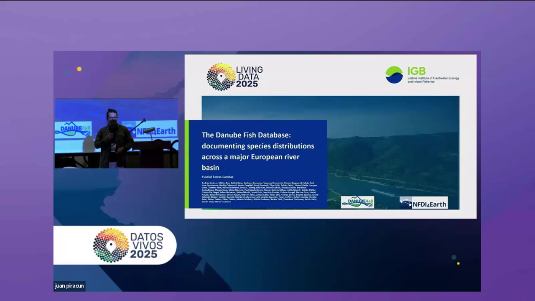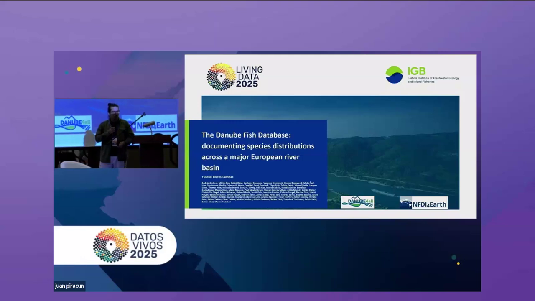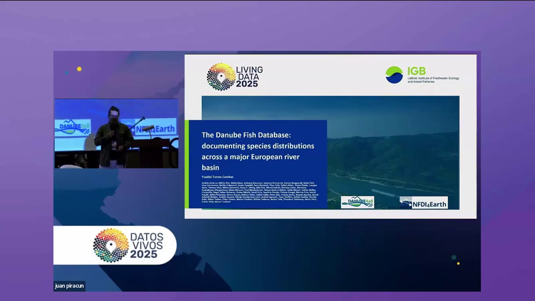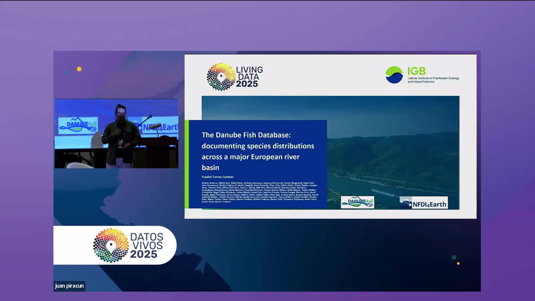This is one of the tasks of a European funded project named Danube for All, whose main objective is to develop a restoration action plan for the Danube. And in this case, we have taken fishes as subjects of study. So we started collecting all of this information on fish species occurrences.